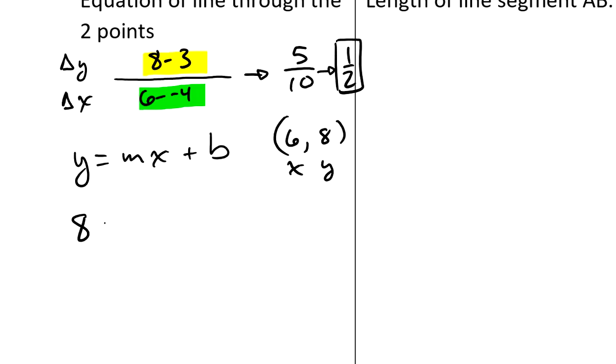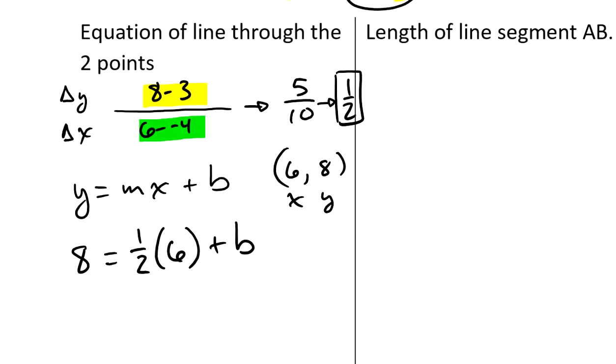So I've got an 8, and that equals my slope, which is 1/2, times my x value, which is 6, and then I will add b to that. So again, I've just plugged in the y from the point, so the 8. I plugged in the slope, 1/2, and I've plugged in the x value, which is this value 6 right here. And you'll notice the only variable I have left is the b, and I need to solve for b.